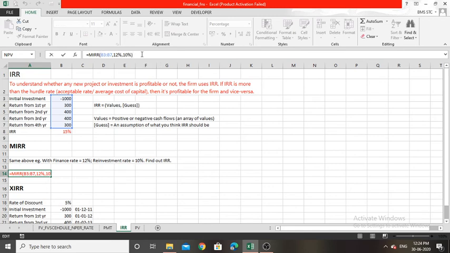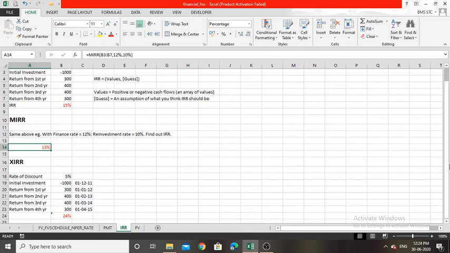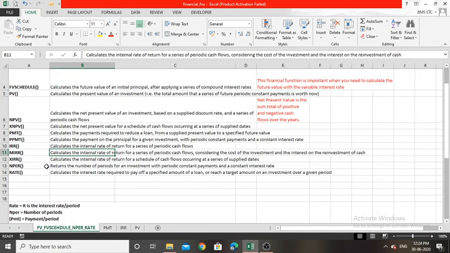We put these in the argument list and we got the rate as 13%. See the difference? When we simply calculated IRR, it was 15%, but along with the finance rate and reinvestment rate, it changes. Okay. What about the last one, XIRR?